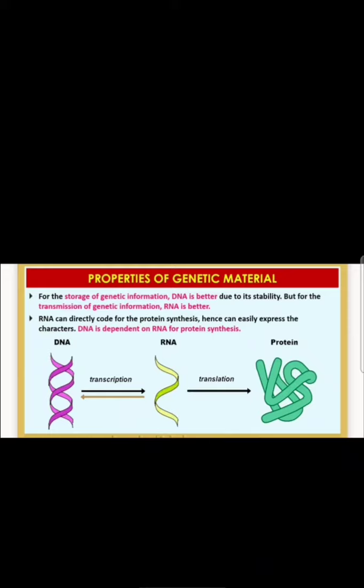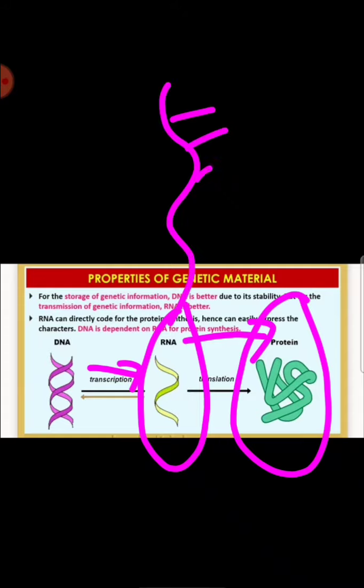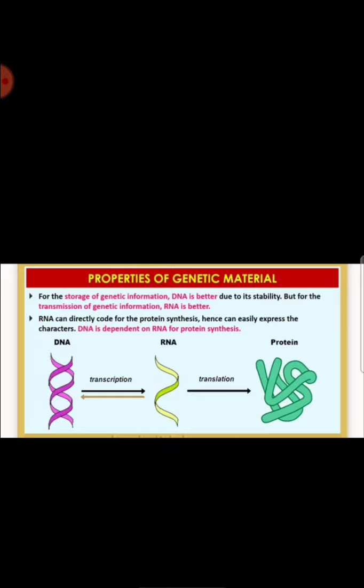RNA is formed by the DNA itself; you will study this in the transcription process. This RNA helps in protein synthesis because it codes for the proteins. The transmission of information is better by the RNA.